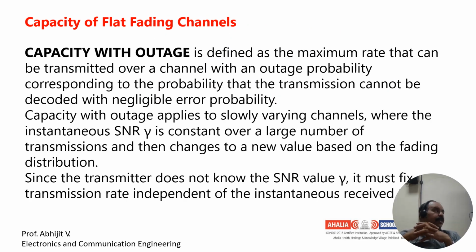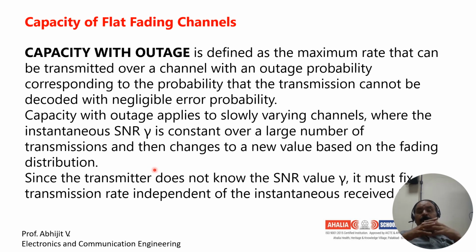Next topic, capacity with outage. Capacity with outage is defined as the maximum rate that can be transmitted over a channel with an outage probability corresponding to the probability that the transmission cannot be decoded with negligible error probability.